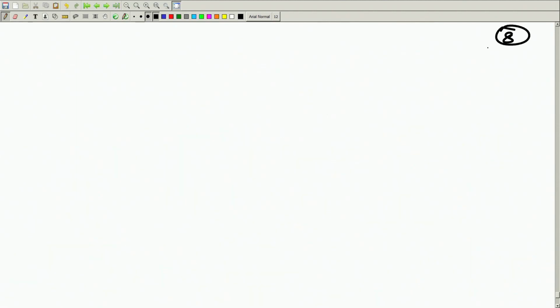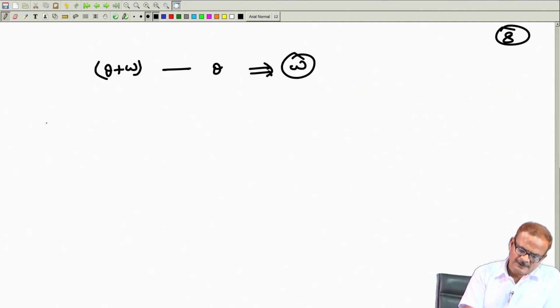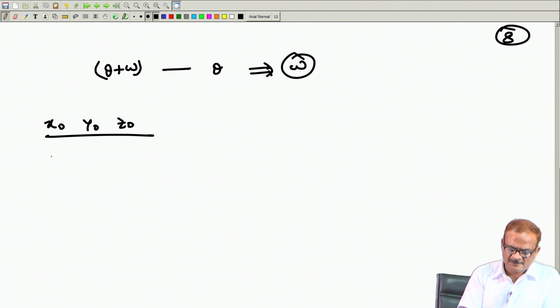Now, there is a problem with this. While we do this theta plus omega estimation, and theta estimation, and then subtract to get omega, you know that x 0, y 0 and z 0 are never known exactly.